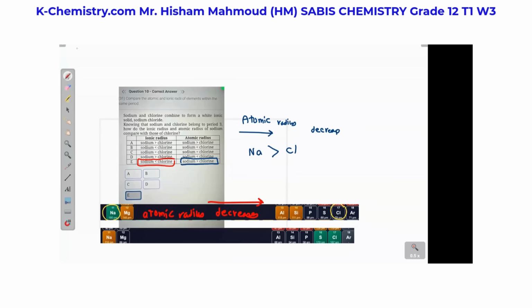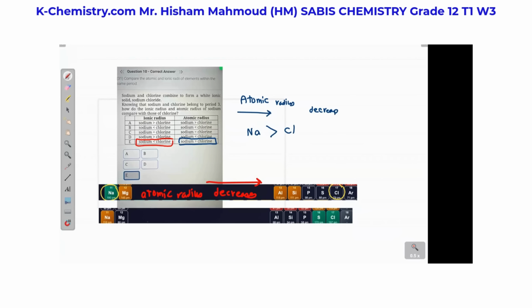It has a different trend. First, it decreases in metals. As long as you are in metals, it decreases, then increases in non-metals. So this means that the non-metal, which is the chlorine, was bigger than the metal, which is the sodium.